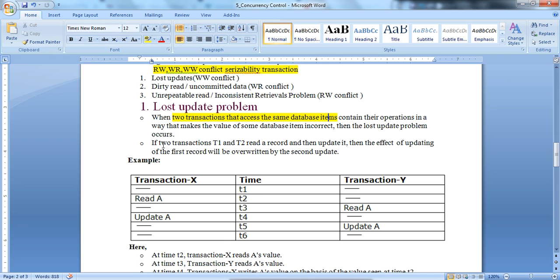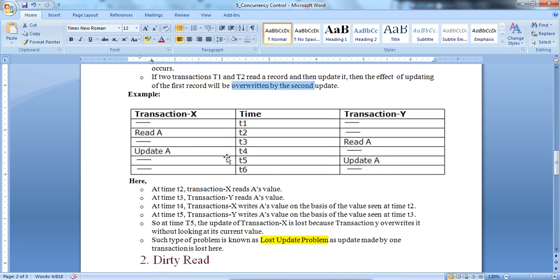If two transactions T1 and T2 read the record and then update it, the update of the first record will be overridden by the second. We will go with the example. Now transaction X and transaction Y, and this shows the timestamps. Transaction X reads the A value, which we consider as 10.